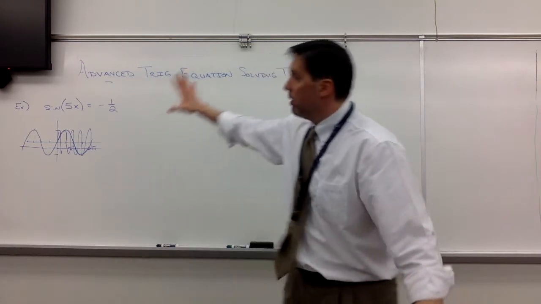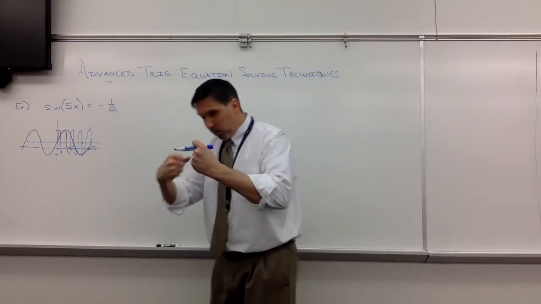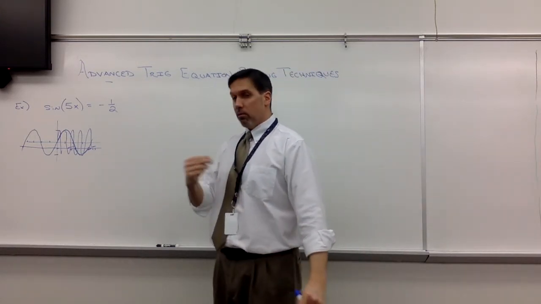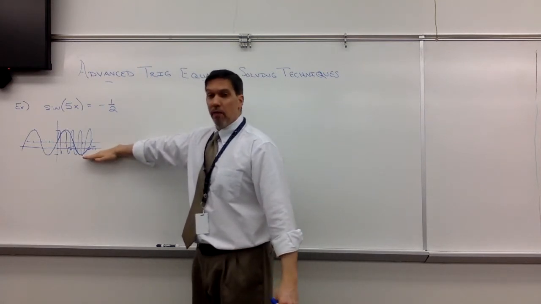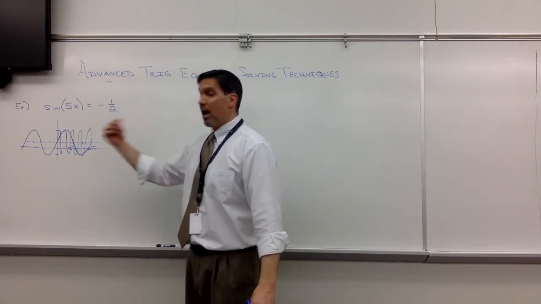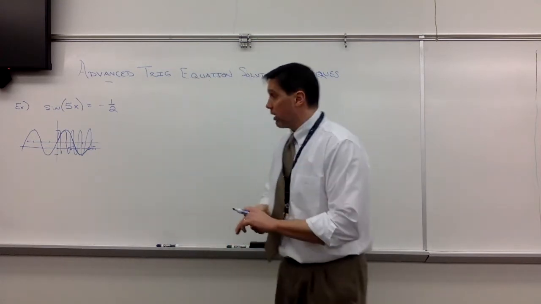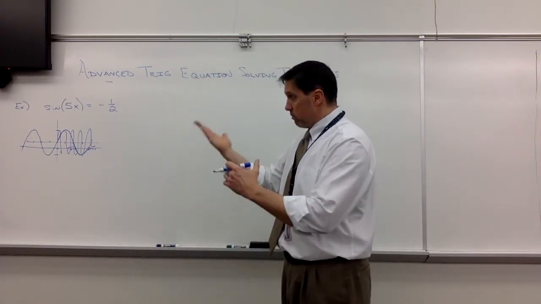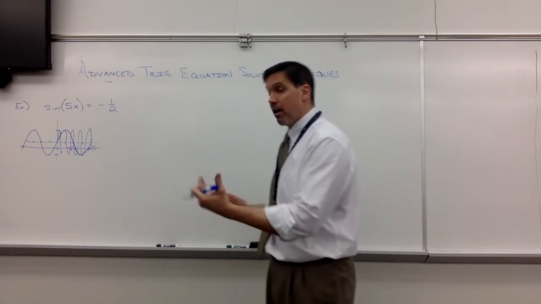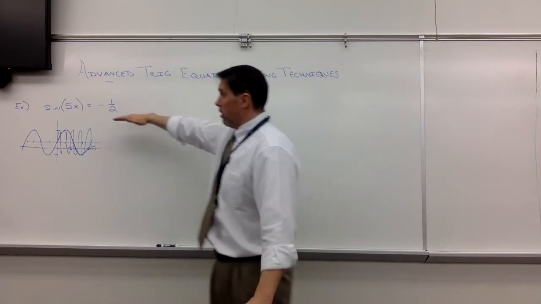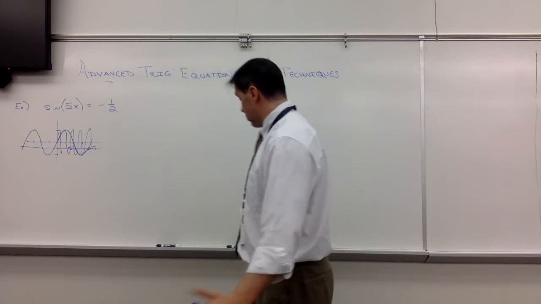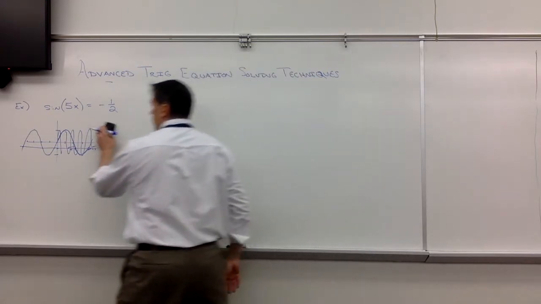Okay, I missed that one. But the idea is it's compressing the graph horizontally, which means you have a lot more solutions between 0 and 2 pi that are now occurring with this particular function, that sine of 5x. So the question is, how do you get those solutions? Well, that's kind of what we're going to take a look at here.